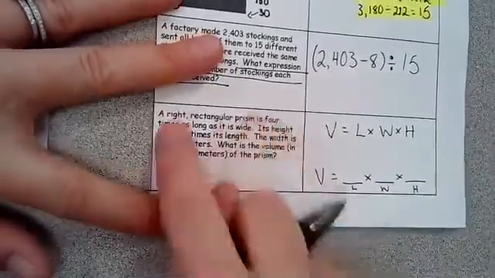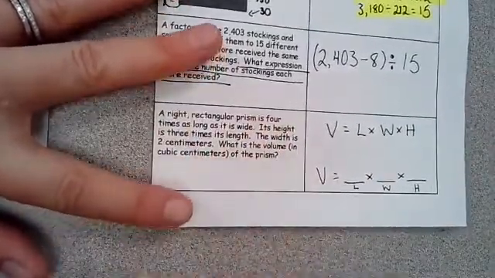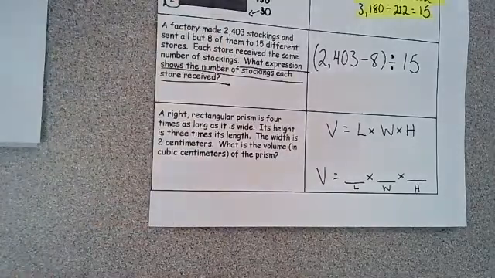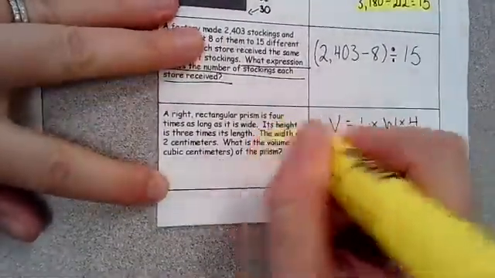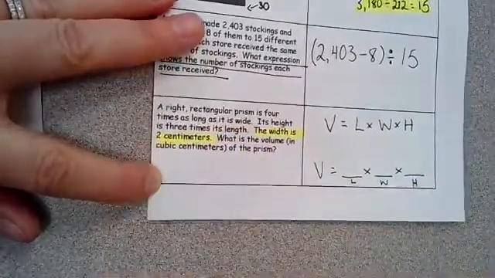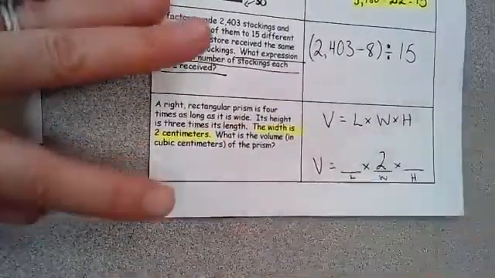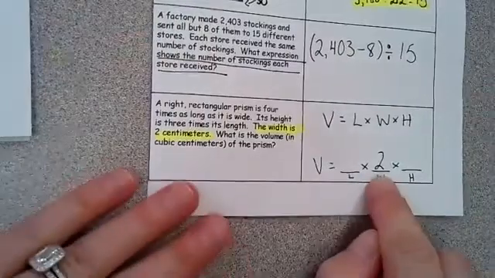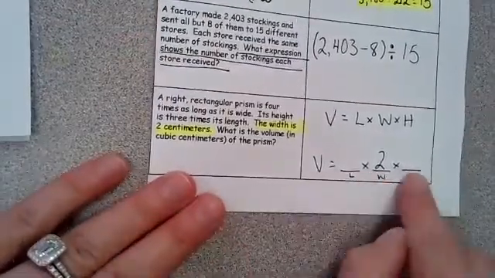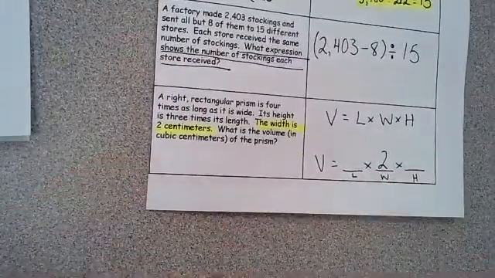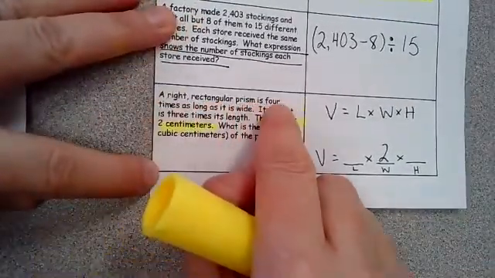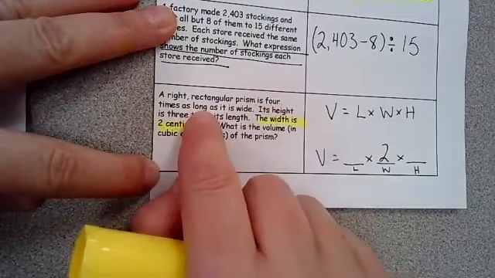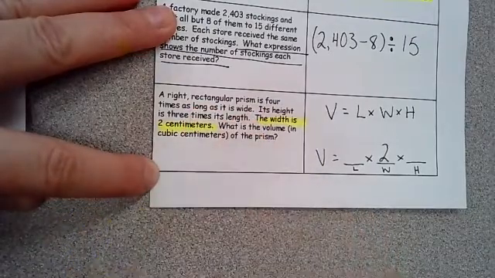Then you're going to search the problem for what it just tells you right out. It tells you straight out with no complications at all that the width is 2. Write that. The width is 2. Now you're going to use this number to fill in the other numbers, okay? So it says a right rectangular prism is 4 times as long as it is wide.